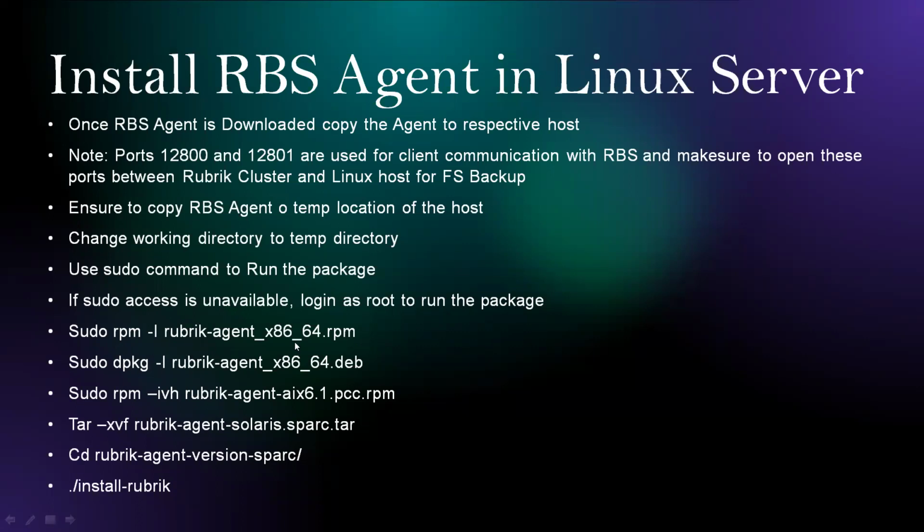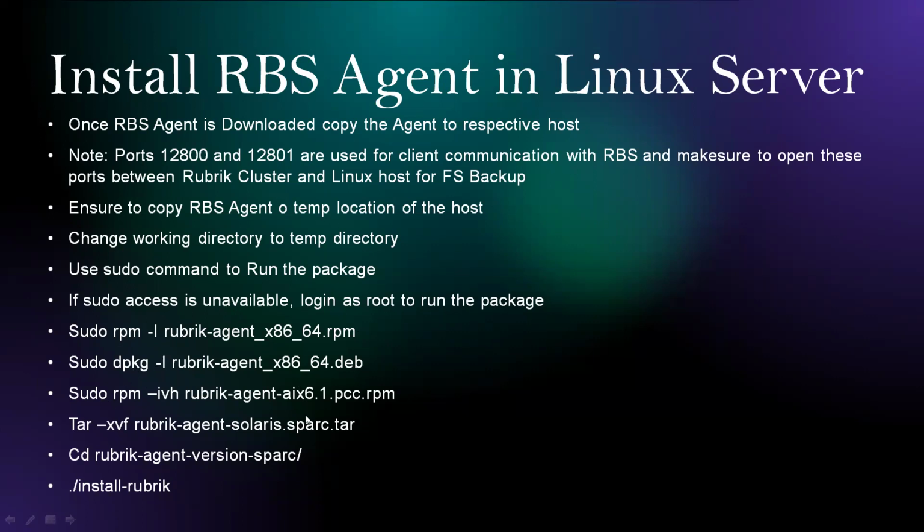hyphen, the RBS agent name. The i is for installation. We will run this command. It will install within a minute. And we have the Debian package, so this is also for Linux servers. We can use this command.